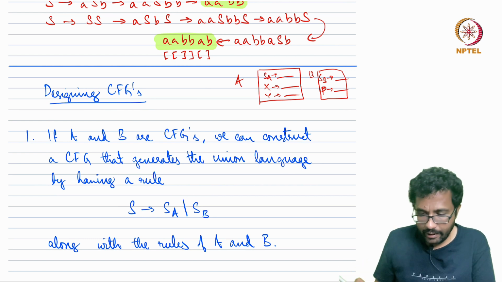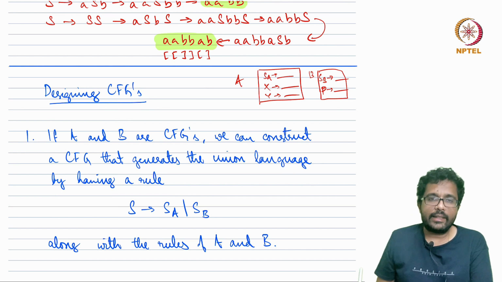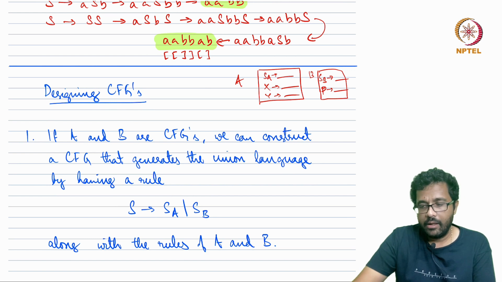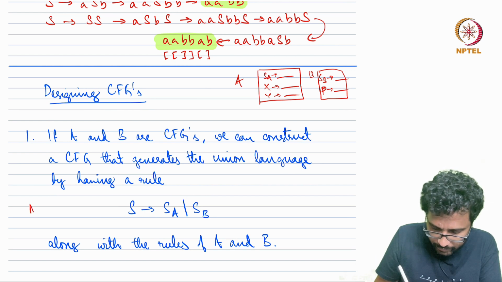The answer is yes. It's very easy. You combine the rules of both A and B and create a new starting variable which you call S.